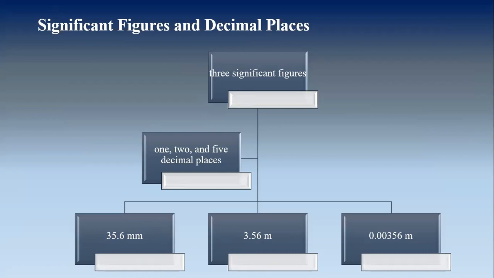A significant figure is a significant digit, but they have 1, 2, and 1, 2, 3, 4, 5 decimal places. Be careful about significant figures and decimal places.